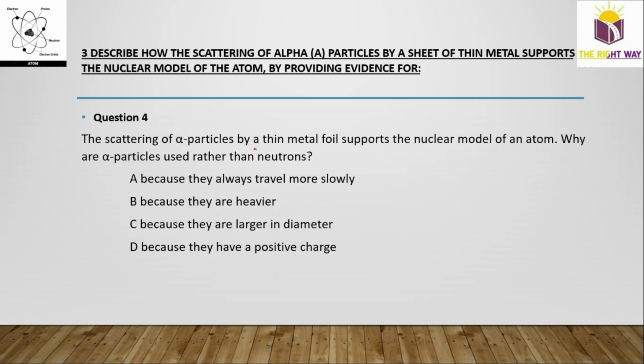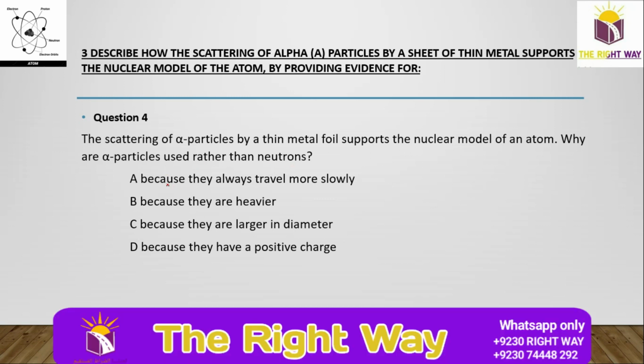The scattering of alpha particles by a thin metal foil supported the nuclear model of an atom. Why are alpha particles used rather than neutrons? Because they always travel more slowly. No, this is the wrong option. Because they are heavier. No. Because they are large in diameter.